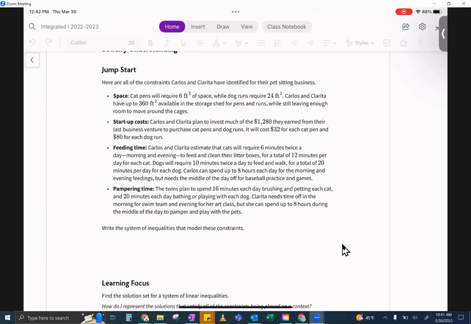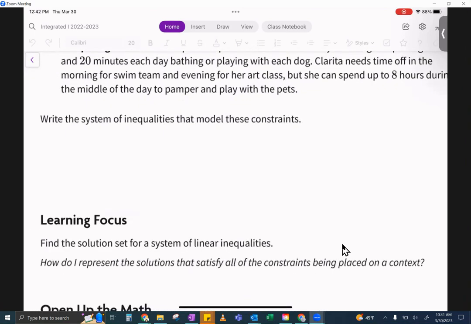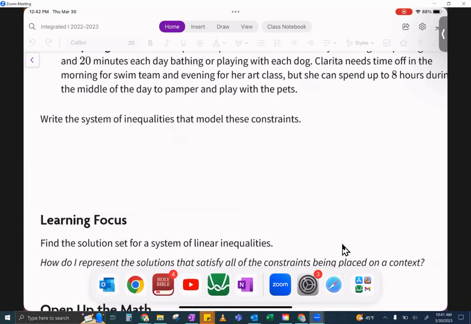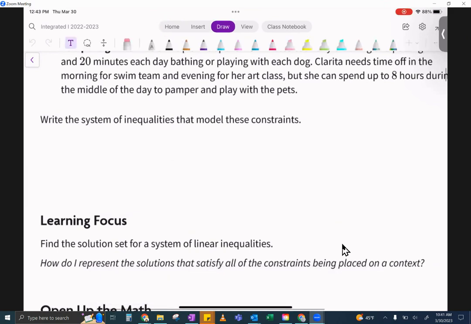So they want you to write a system of inequalities that model these constraints, and we've already written these, so this is not going to be new information to us, but I do want to write these all out. So I'm going to use C for cats. So this is for space.